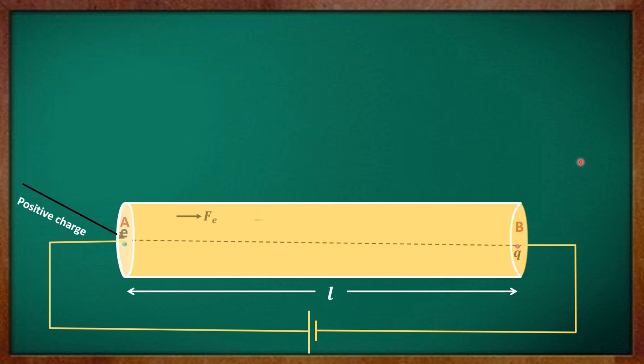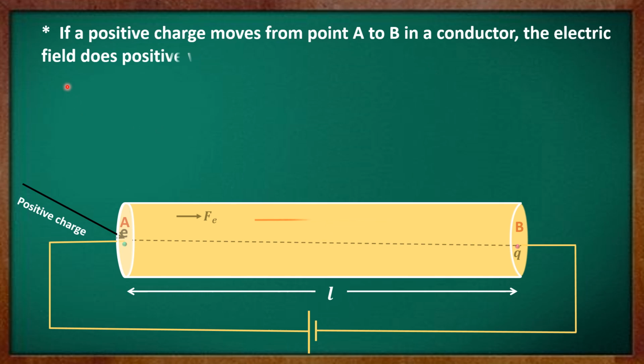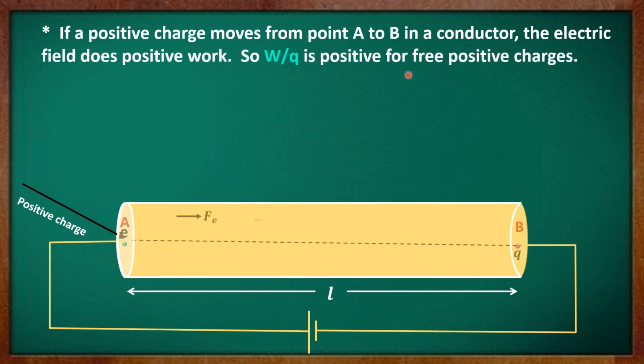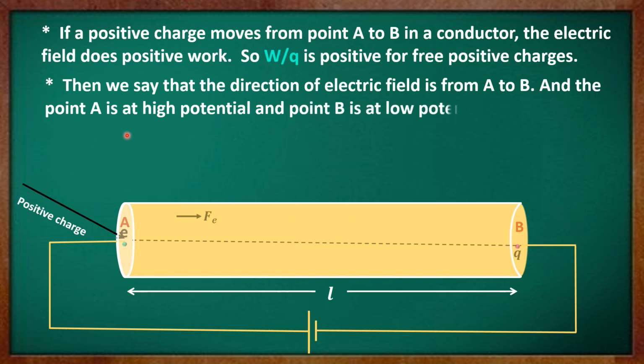Okay, so the same thing here I am writing. If a positive charge moves from point A to B in a conductor, the electric field does positive work. So W by Q is positive for free positive charges. Just now I have told you the direction of electric field is from A to B, and the point A is at high potential and point B is at low potential.